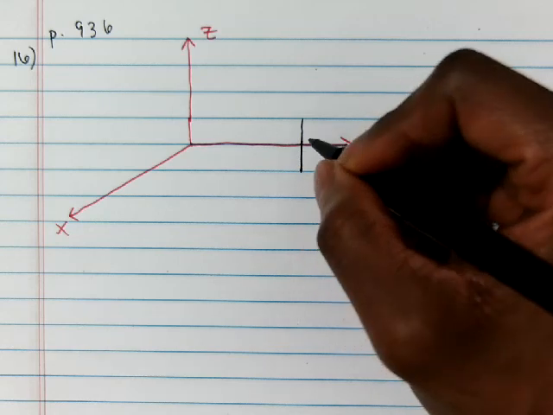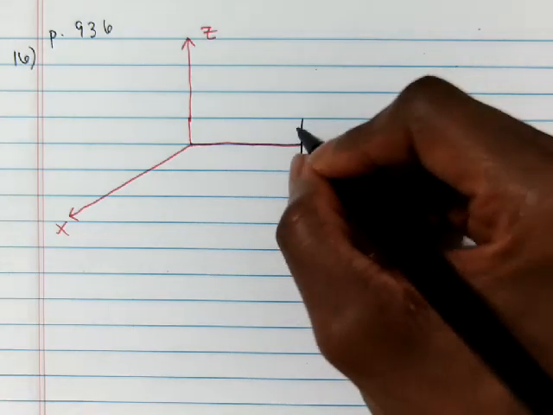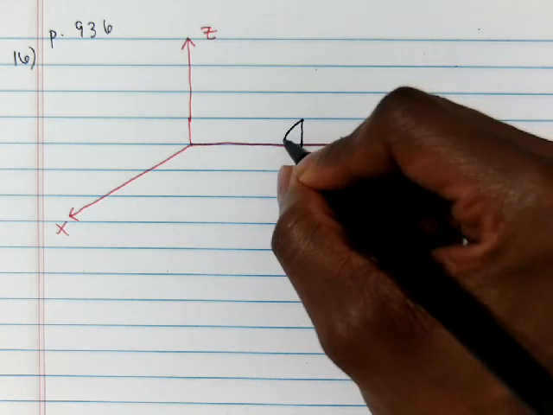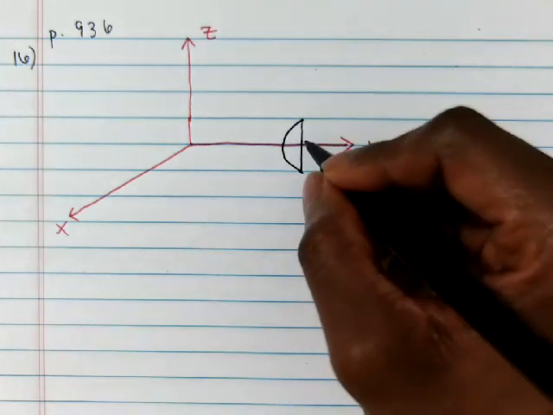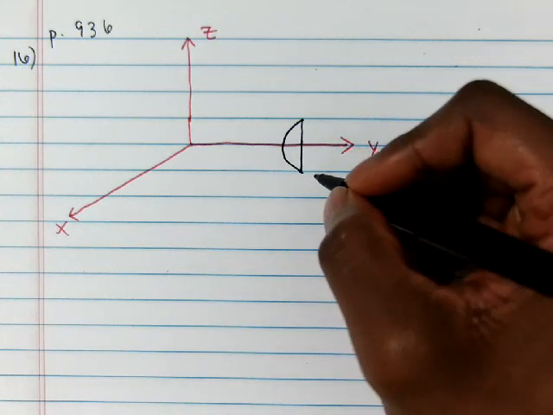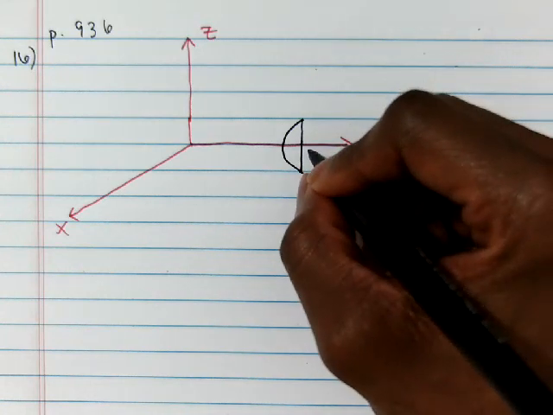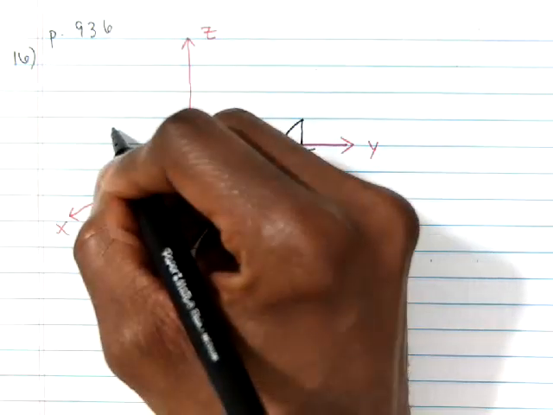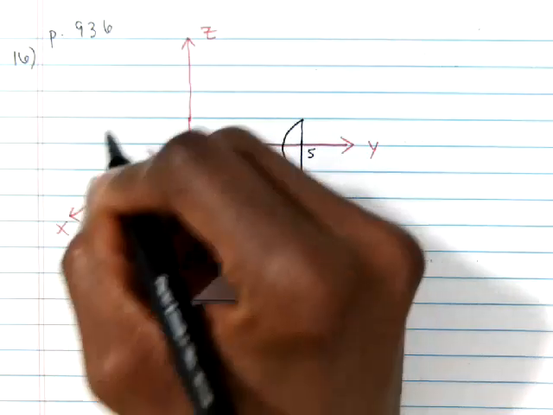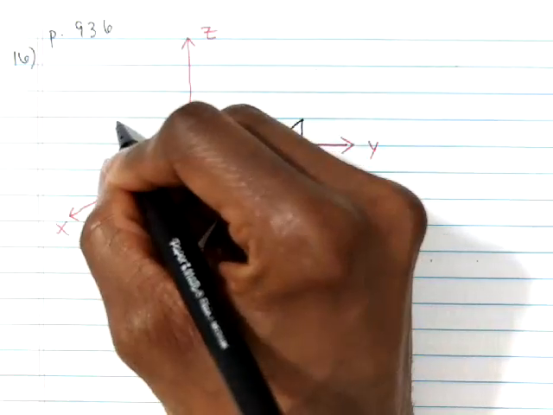So we're going to have a half cylinder, something like this. And this is at, what was it, y equals 5. It gets cut off, so that's 5 right there. And then over to this side, -4.